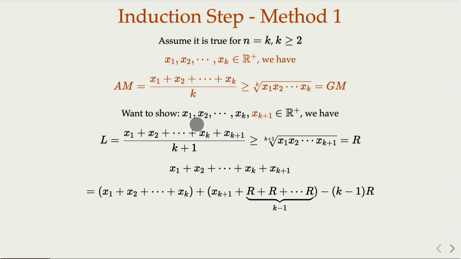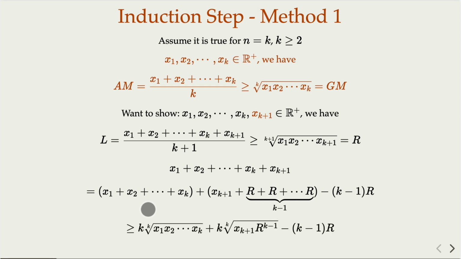For k variables, we have AM-GM. So apply AM-GM for k variables to these two terms in the parentheses. Notice that the sum here would be greater than or equal to k times the geometric mean. So here we're going to apply that for two groups of k numbers.